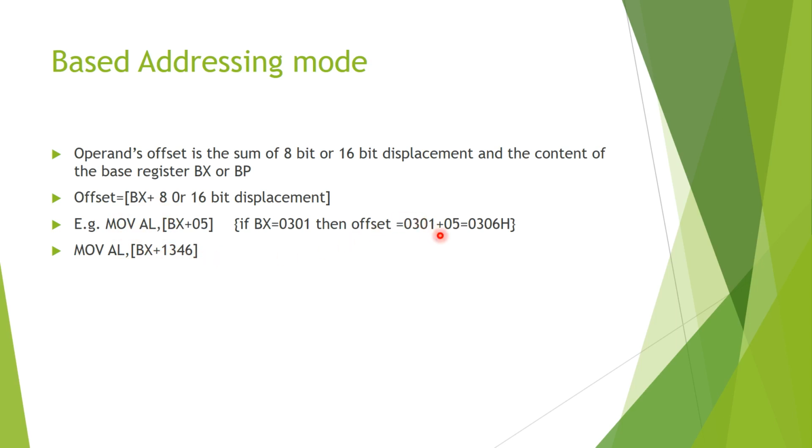So in this 0301 will be added with 1346. Then the offset will become 0301 plus 1346. Then that offset will be combined with the data segment register to generate the 20-bit physical address. Again we have to move only the 8 bits. If here we had AX, we would have to move the 16 bits from two consecutive memory locations.